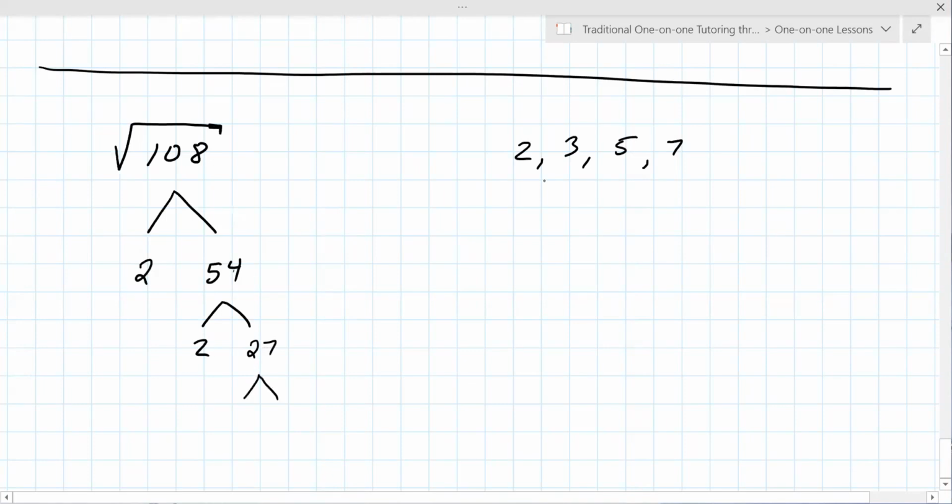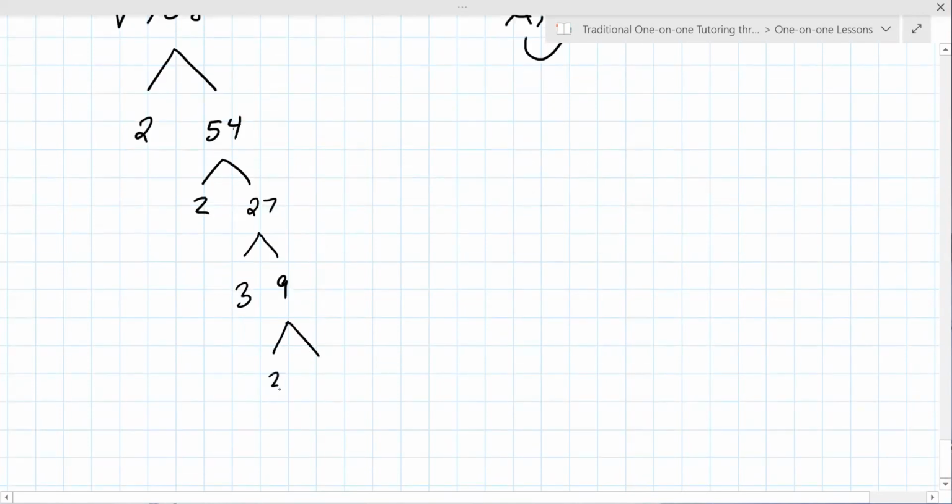No. Okay, so we try 3. Is 27 divisible by 3? Yes, 9. It's 3 and 9. Is 9 divisible by 3? Yes, 3. So again, you circle pairs.